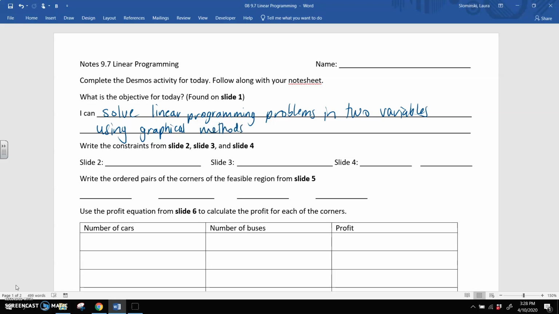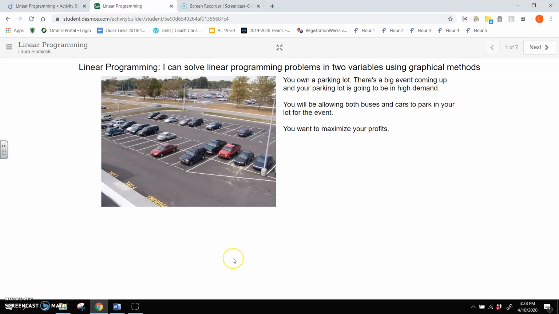This is a real-world application of graphing systems of inequalities, and it's going to help us solve real-world problems.